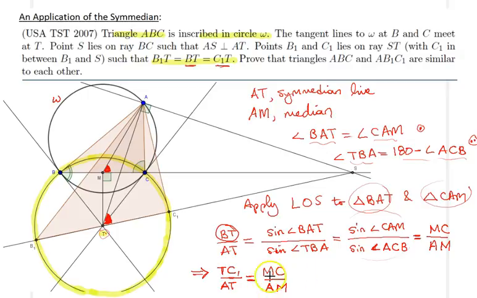Not only did we prove that this relationship between the side lengths holds, but let me make sure you can follow it. Let me make it a green color for this one. So we have TC1 over AT. Let me use another color, probably red, for MC over AM.